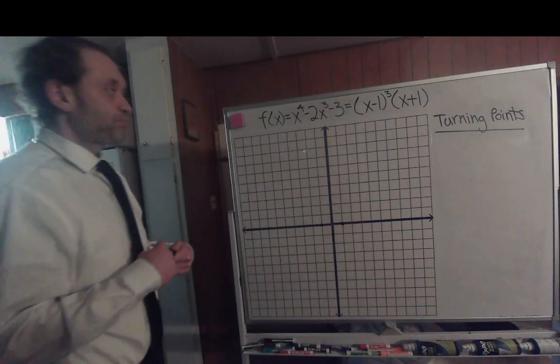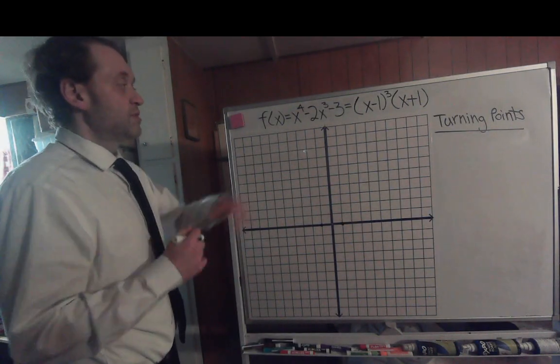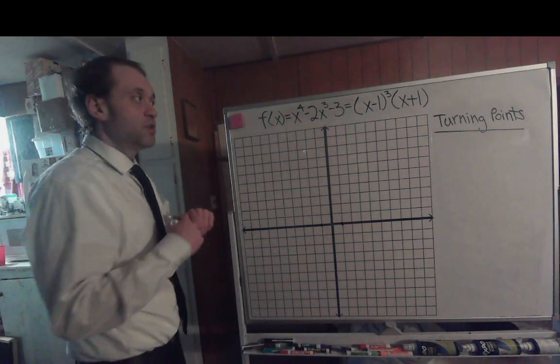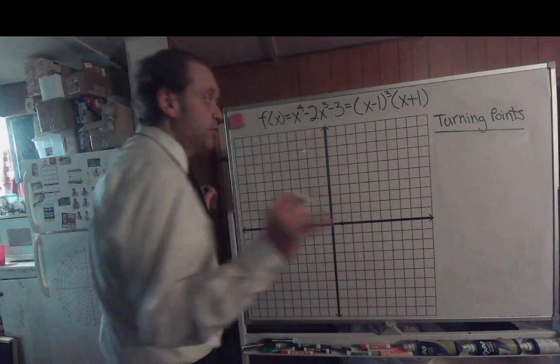And whatever the degree of the polynomial is, you'll have one less than the degree for the number of turning points, at most. So if a polynomial, whoops, that's one word, not two, excuse me.